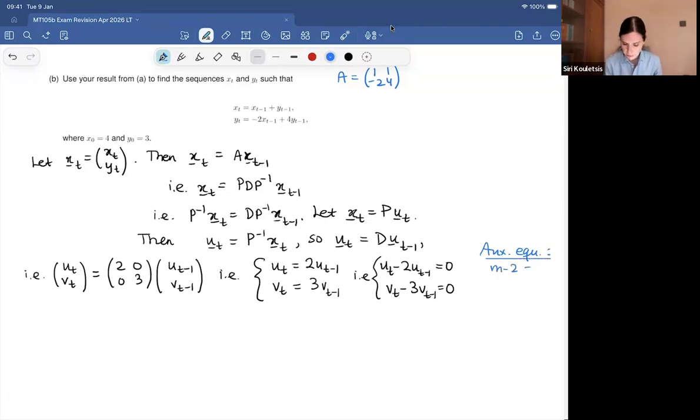And again, writing down the auxiliary equation for both, we have that ut equals a times 2 to the t, and vt equals b times 3 to the t, where a and b are arbitrary constants.